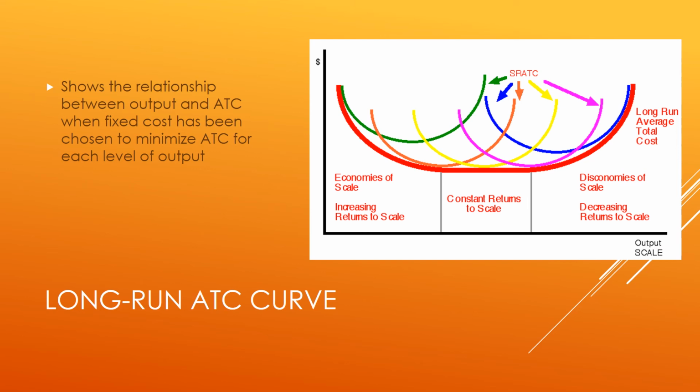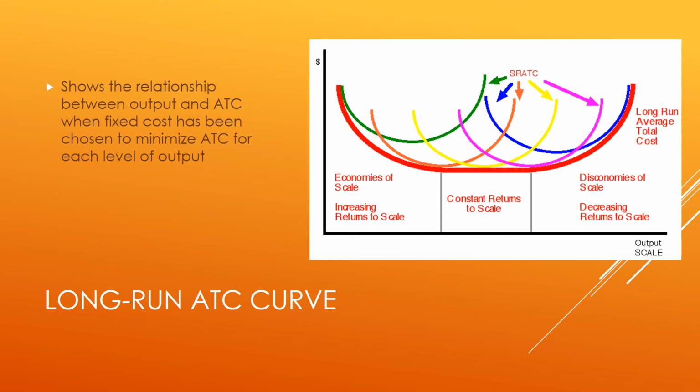In reality, this would be an infinite amount, because it would be every possible combination of variable inputs and fixed inputs. And so the company is going to decide what is the best one of these SRATCs to operate on. And what that leaves them with is a choice that is this U-shaped long run average total cost curve.